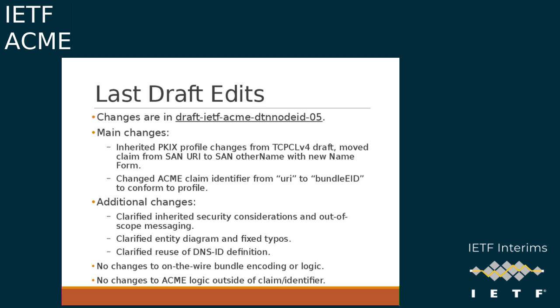So what we did was move the certificate profile to use an other name with a new name form that's in the process of being registered as a late edit to the pre-publication TCPCL in the DTN working group. And so as a side effect of that, the ACME claim then changes from a URI to a bundle EID, and that change is consistent with the certificate profile change that drove this whole thing.